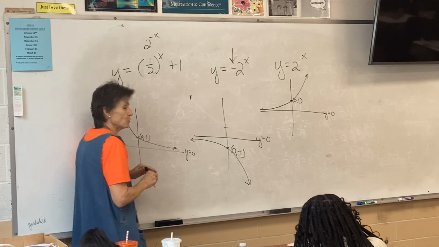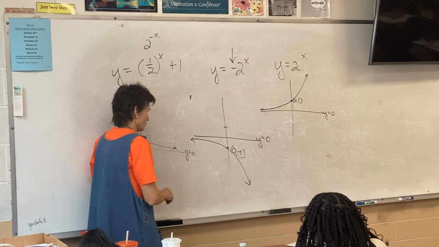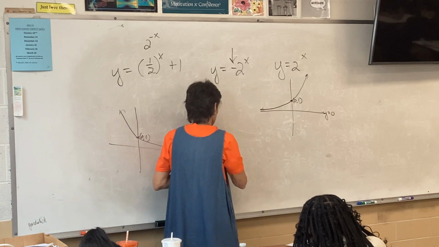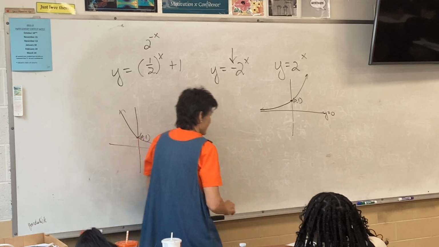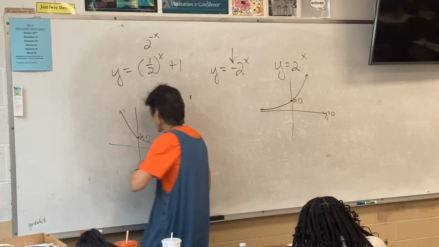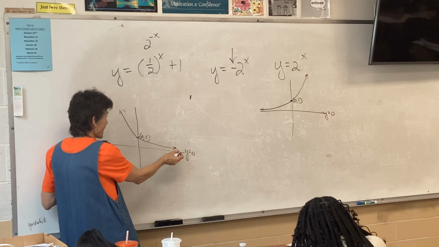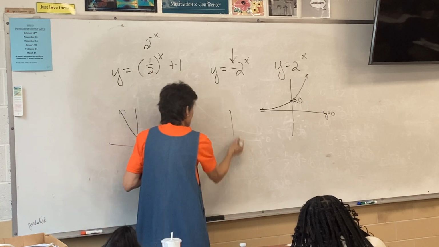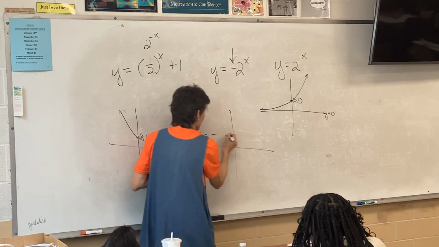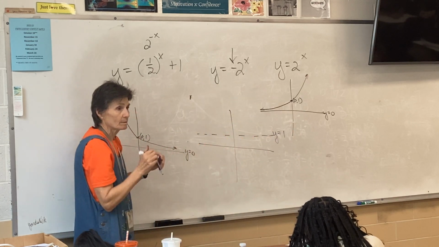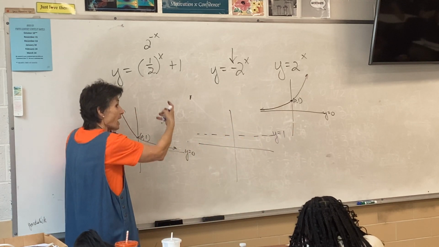Now, what happens when you do +1? It's gonna take the entire picture and lift it up 1. Now, that's the entire thing. So instead of the asymptote being at 0, the asymptote is now going to be at 1. We're lifting the entire picture.